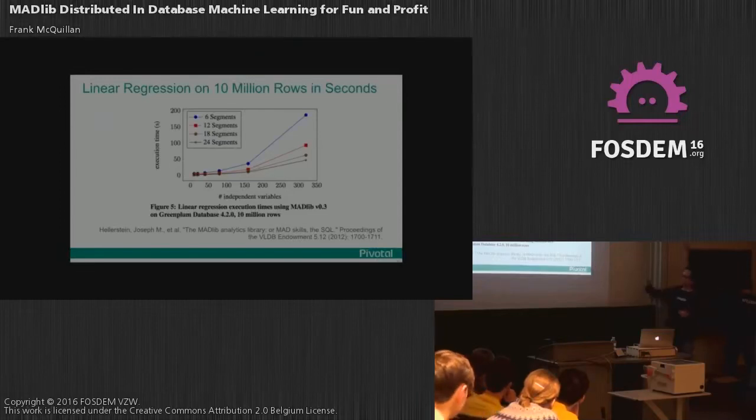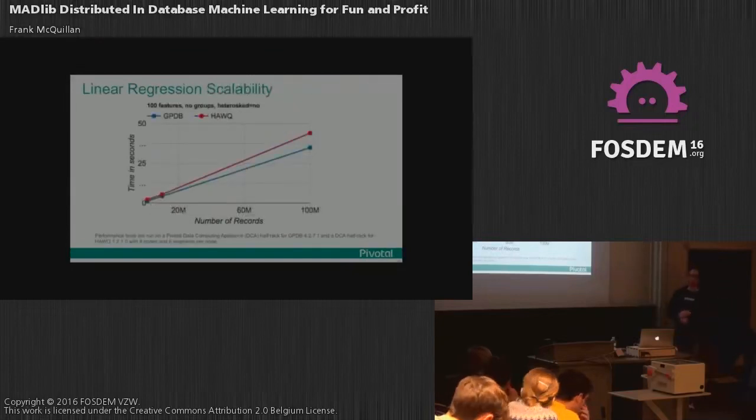If you double the number of segments, so you come down to the red dot on the right, you can see that execution time is approximately half, about 100 seconds. If you double the number of worker nodes again to 24 worker nodes, then again your execution time is halved as well. So this is just to show you the linear scalability with cluster size.